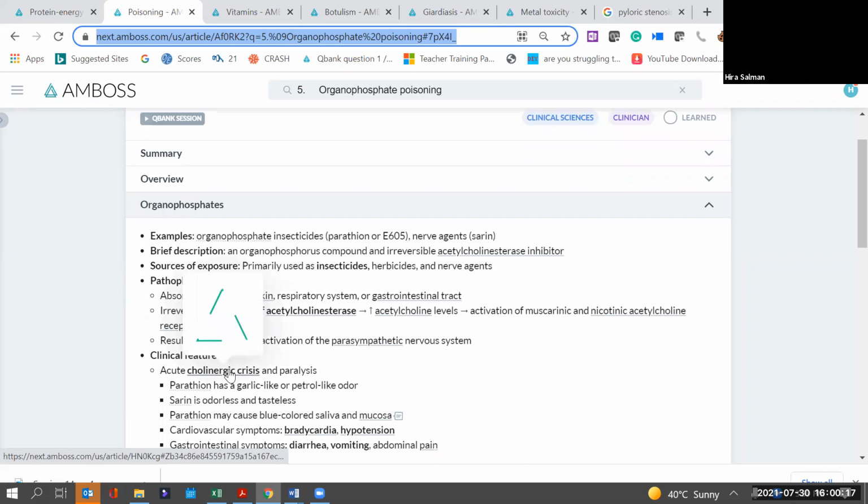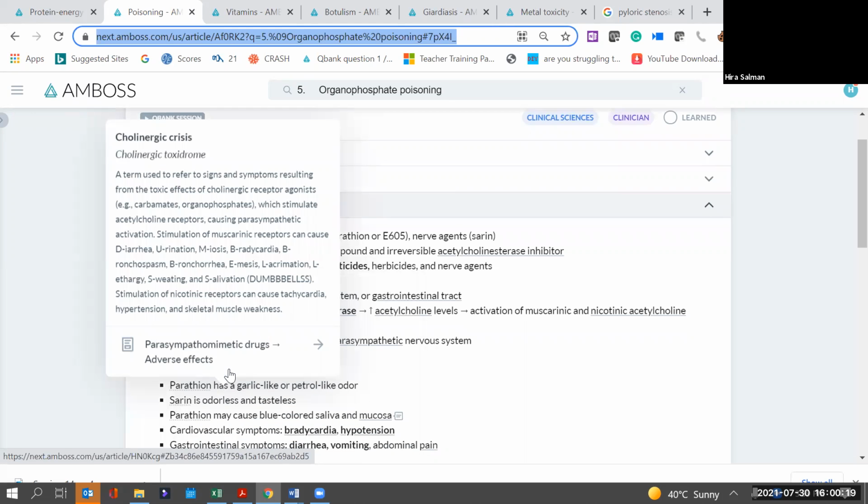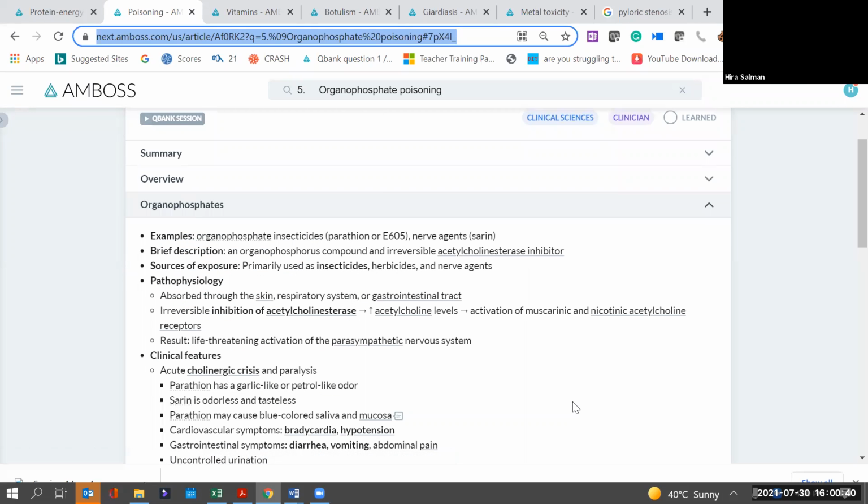Because organophosphate inhibits acetylcholinesterase, the enzyme responsible for the metabolism of acetylcholine. If acetylcholine is not metabolized, there will be too much acetylcholine in the body.